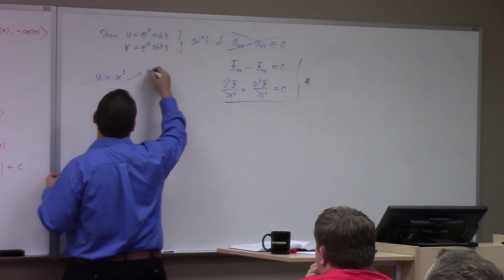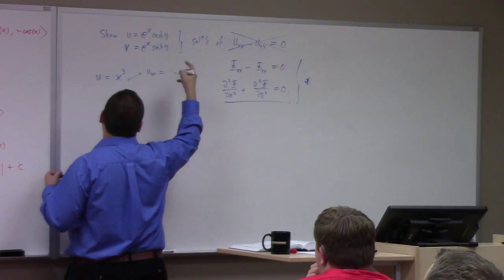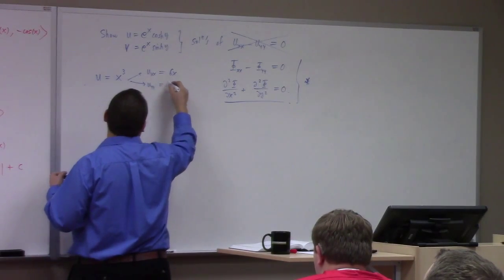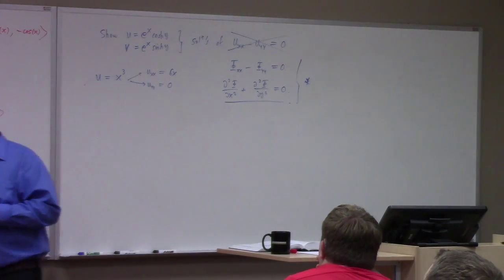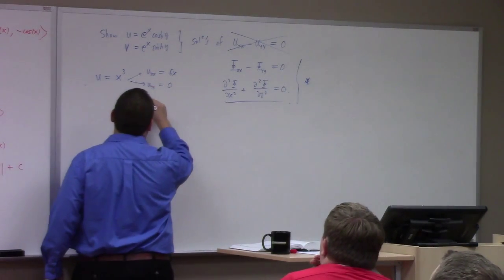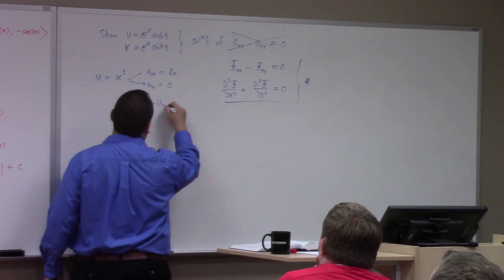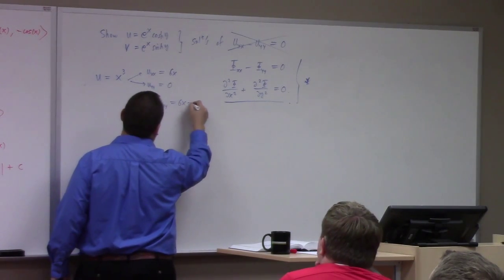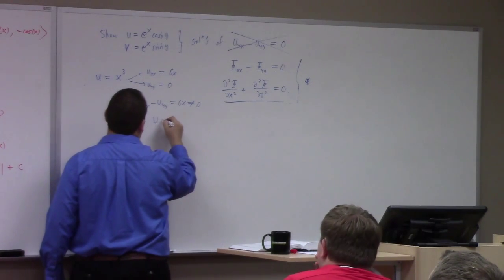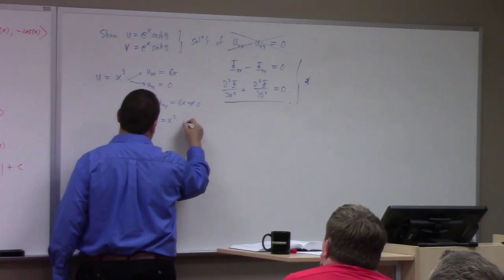This has uxx equal to 6x, and it has uyy equal to 0. So obviously, if I take the difference of 6x and 0, I don't get 0. In fact, it's not true that uxx minus uyy is equal to 0. So in other words, u equal to x cubed is not a solution.